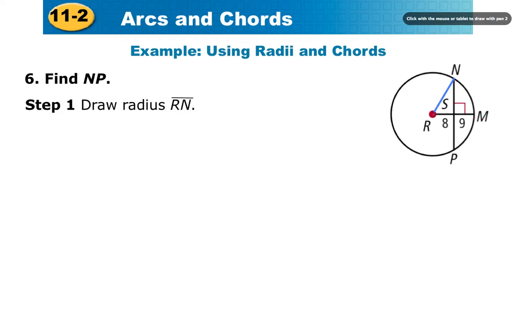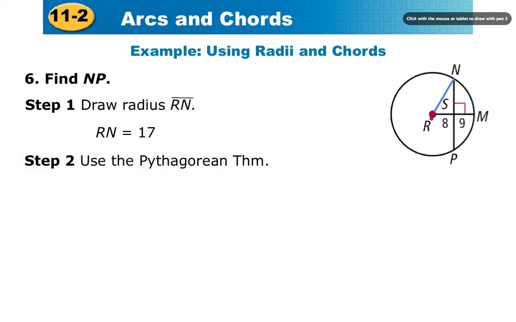In the same manner, RN is a radius, so that's why RN is equal to 17. At this point, I'm going to focus on this portion of the picture here, and I'm going to use the Pythagorean theorem. I know this is a right triangle.